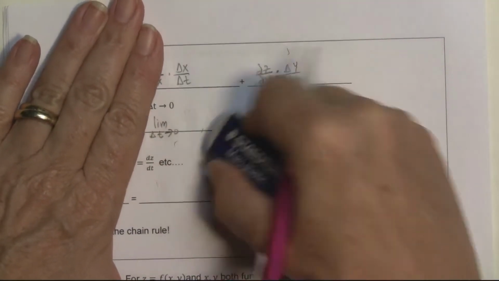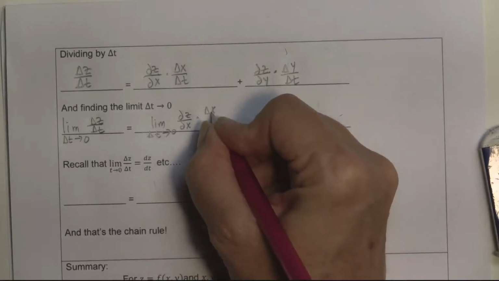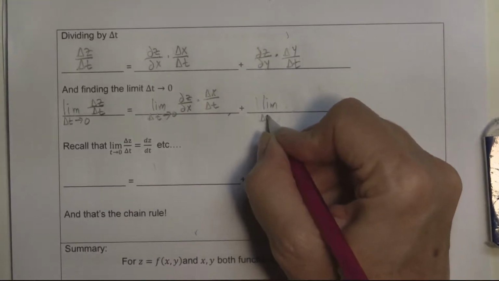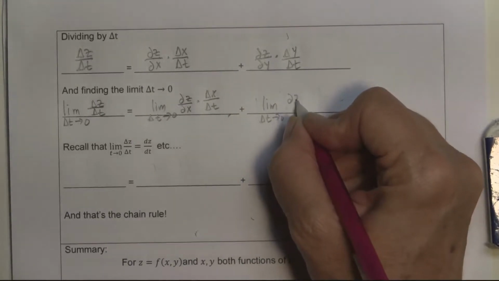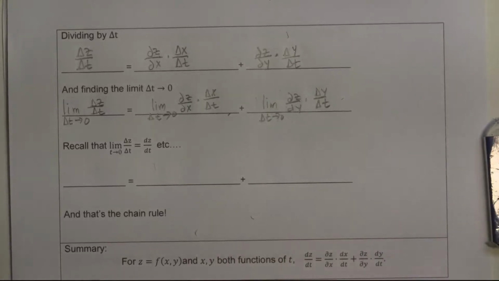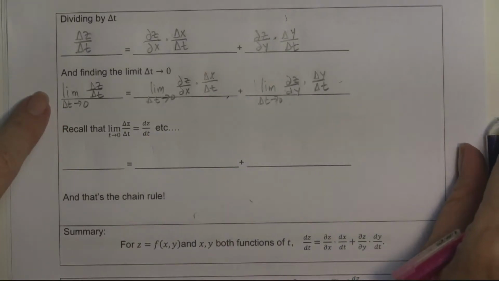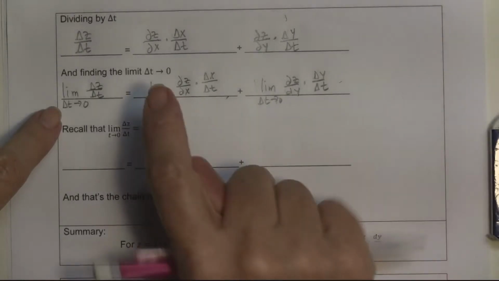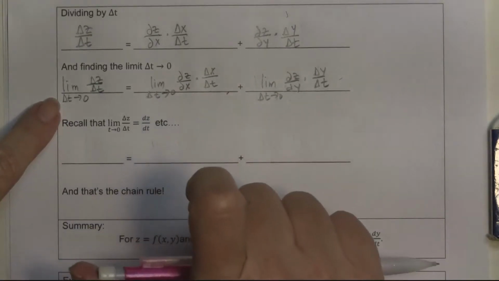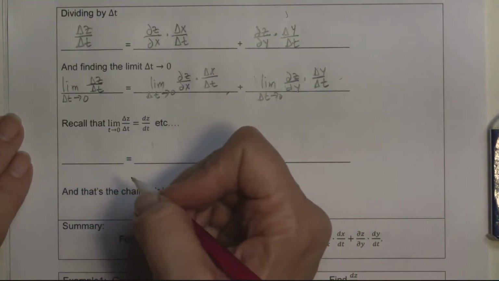Now recall that this limit is equal to dz dt.